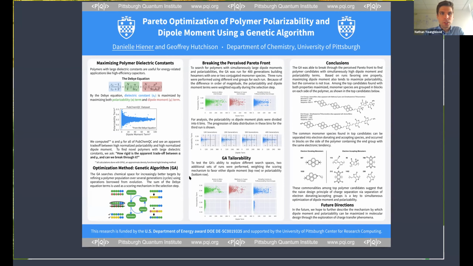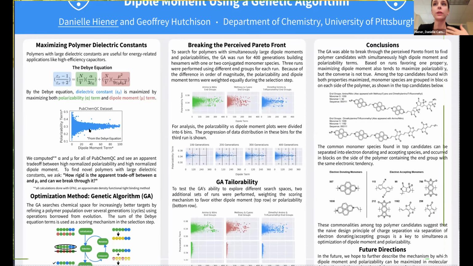I might have missed this, but was there a specific physical intuition as to why there's this trade-off that you see? So that's basically what we wanted to explore. We hypothesized that the permanent dipole moment and the overall polarizability of the molecule are working against each other, essentially.